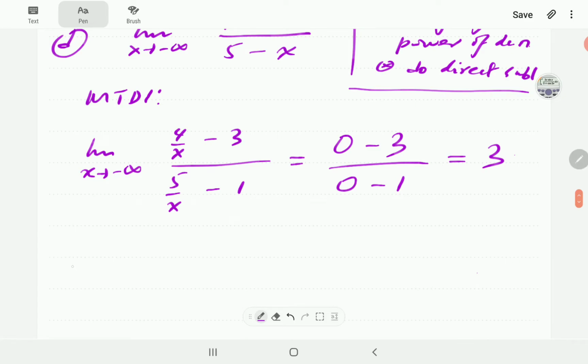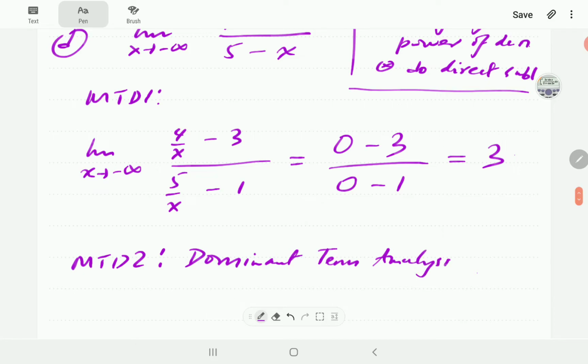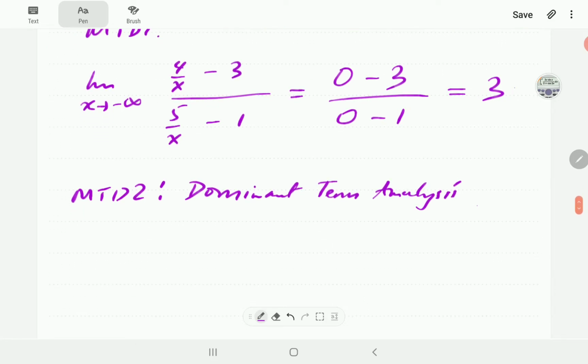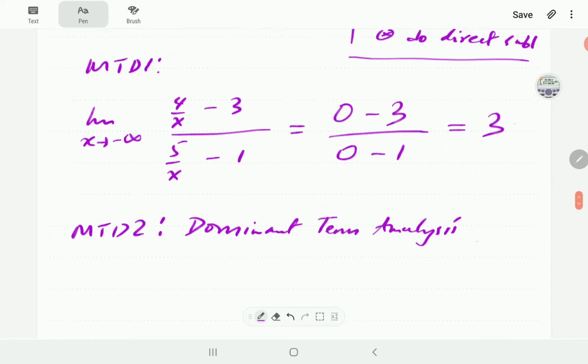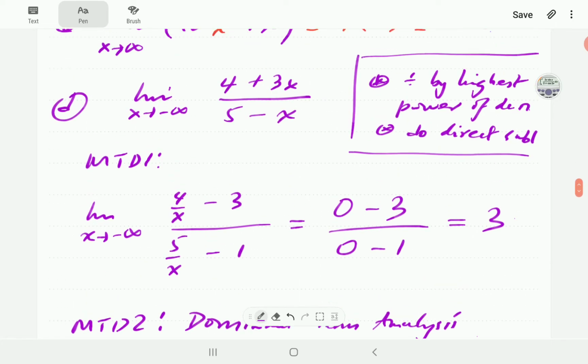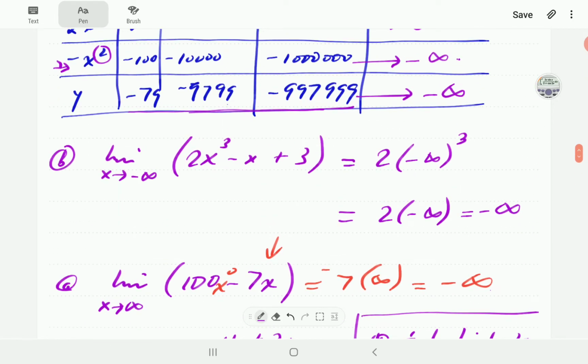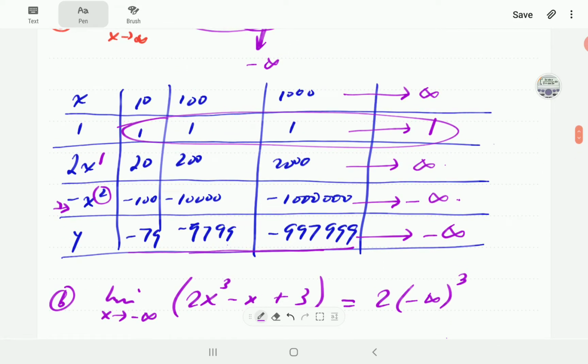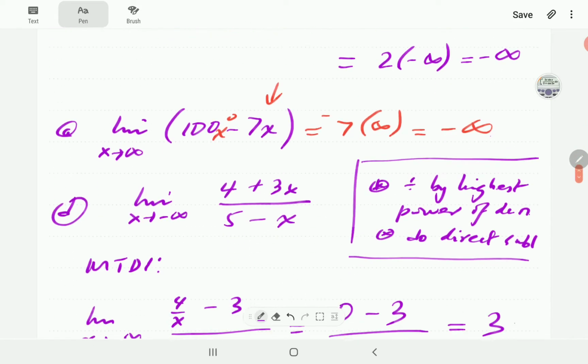There is another method of working this out. It is actually a dominant term analysis. So it's a bit similar to what we established from this table analysis.